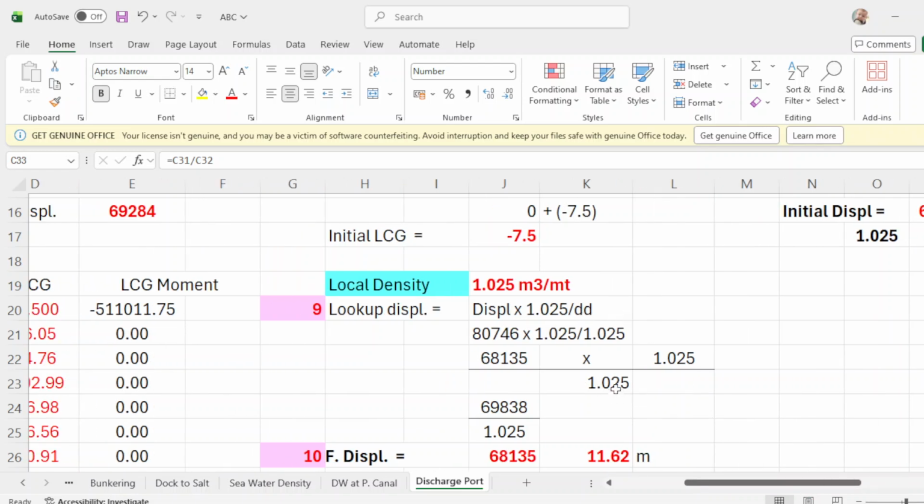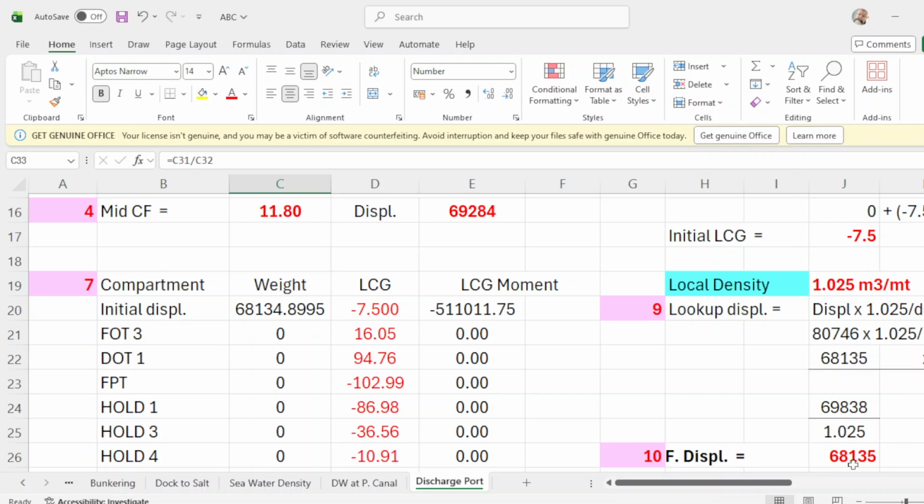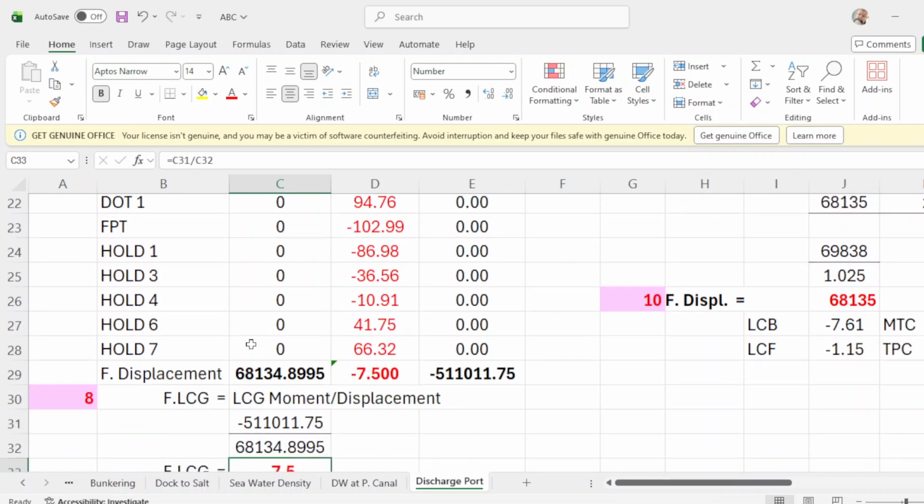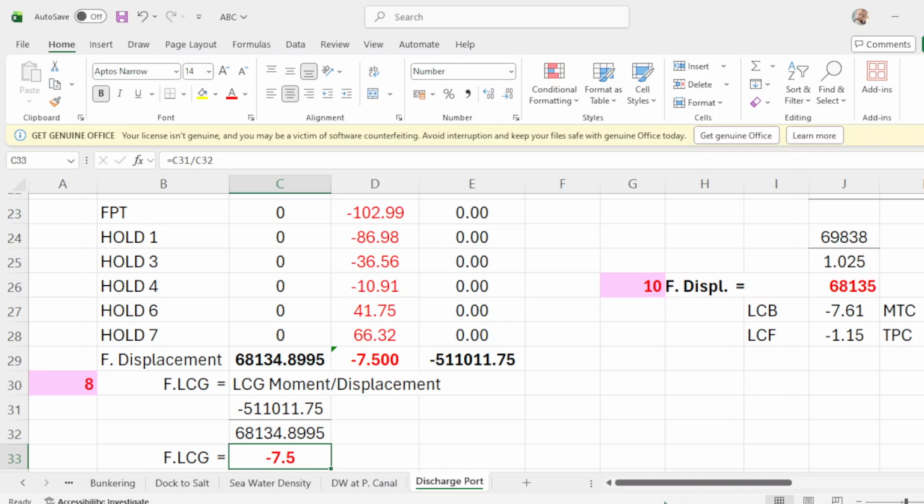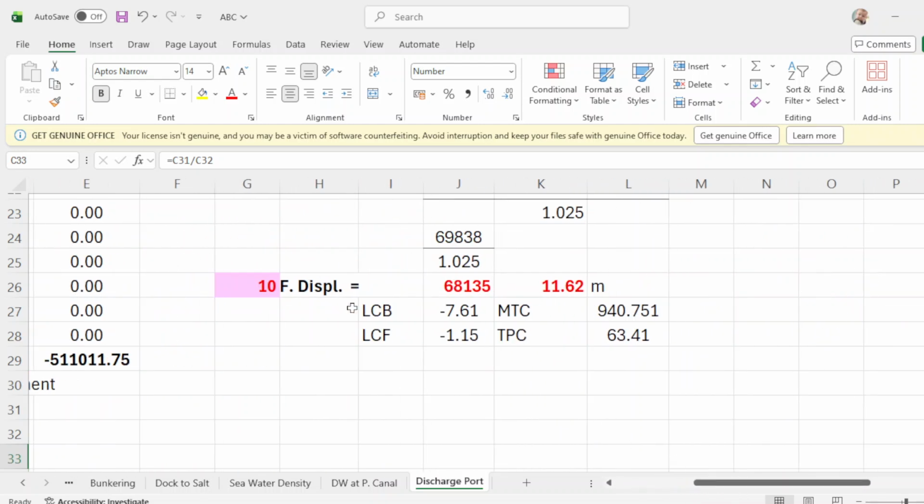So multiply your displacement times your constant of 1.025 over your local density 1.025, and the final displacement would be the same, 68135. With this density, what is your draft? That will be 1162.